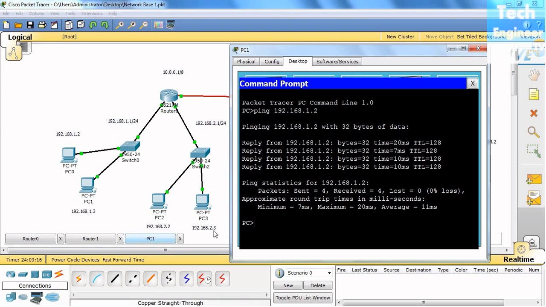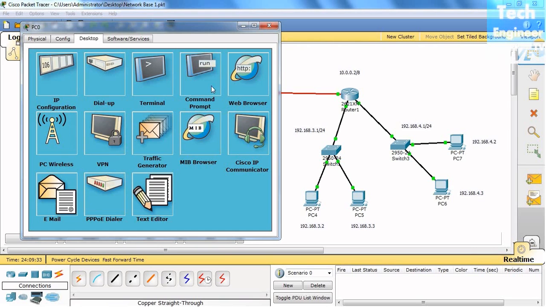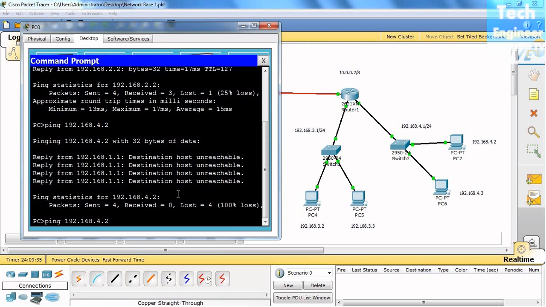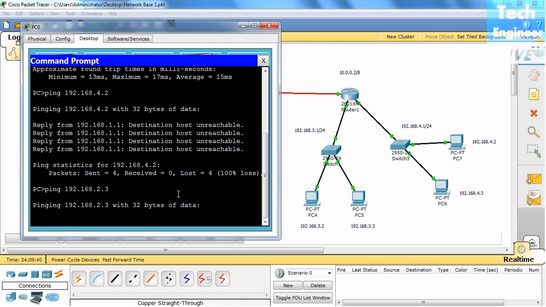So for example, if PC1 tries to ping the 192.168.2.2 network, then it will ping. Sorry, let me restart. It will ping, like 2.3. It will ping the range.